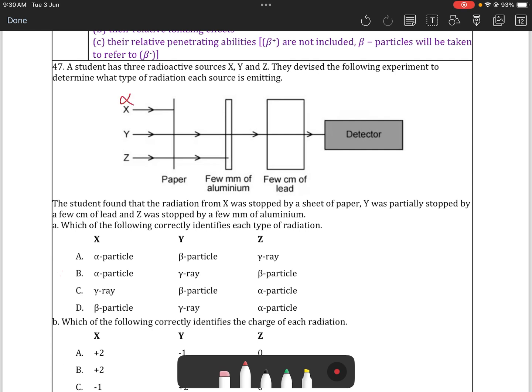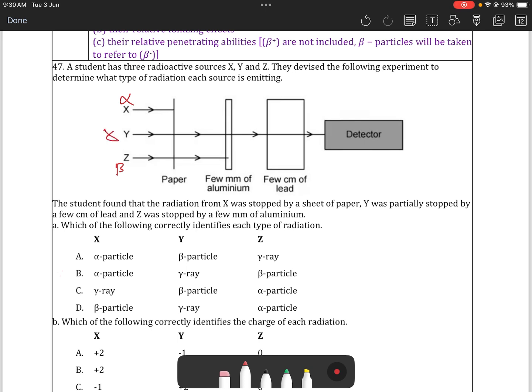Because it's stopped by paper. Beta will be harder to stop. Why? Because it is electrons with high speed. So it is smaller than alpha, but at the end it has mass. So a few millimeters of aluminium can stop them. So this is beta.